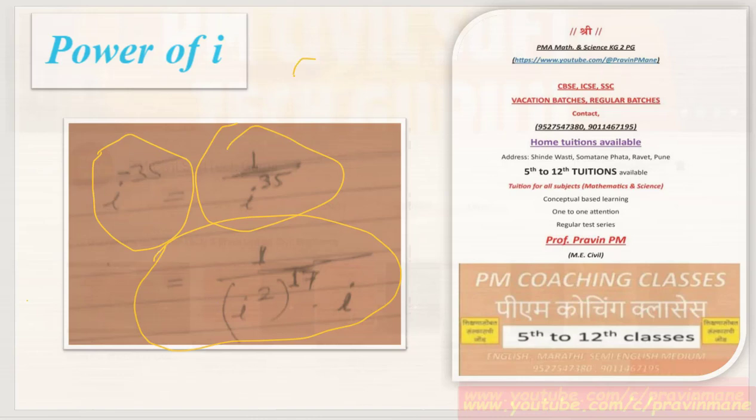The rules are: a raised to m, whole raised to n, equals a raised to m into n.